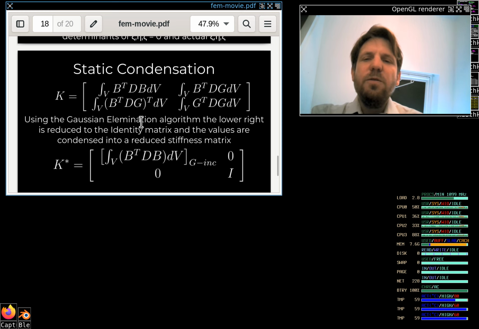And so what you really do is you reduce K, and you get these factors that are basically in these three matrices into this upper diagonal that you normally use for the standard calculation without doing these bubble functions. And the way you do this is you kind of do Gauss elimination.